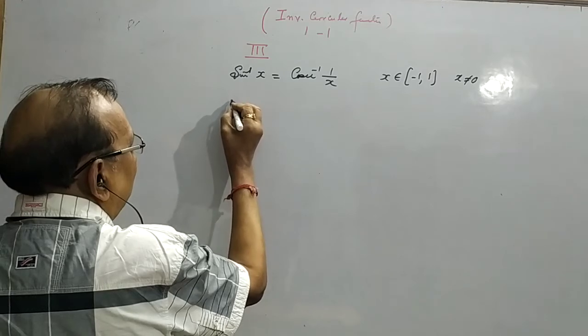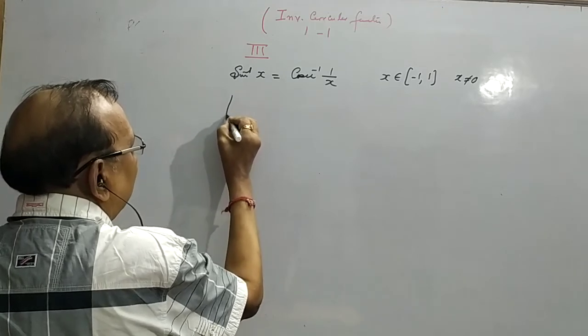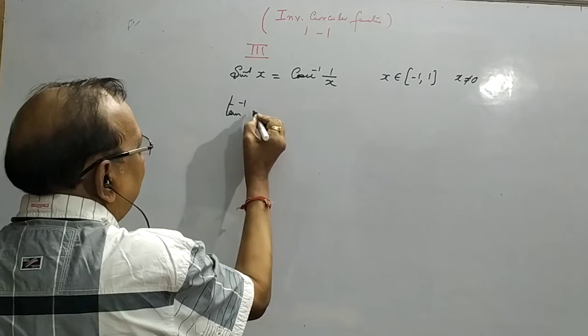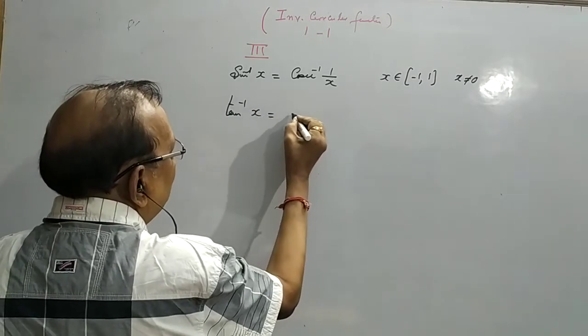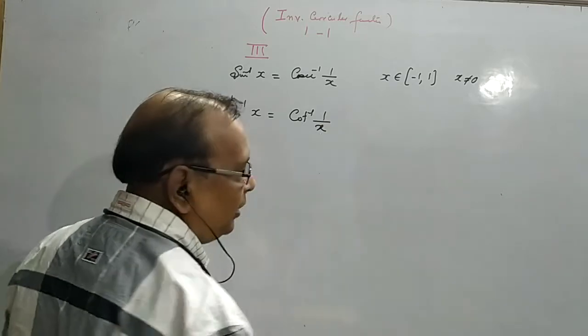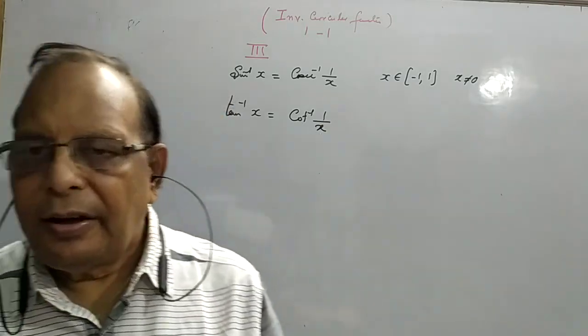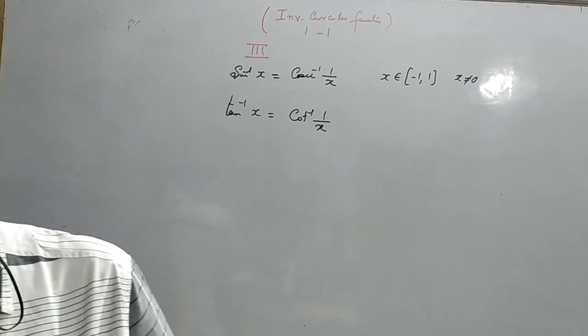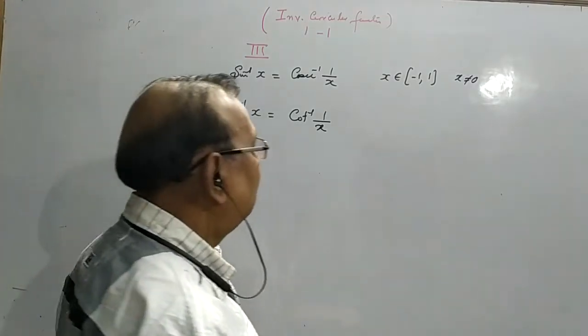Now I am writing here tan inverse x is equal to cot inverse 1 upon x. Here I am writing the values of x. Be careful regarding this.